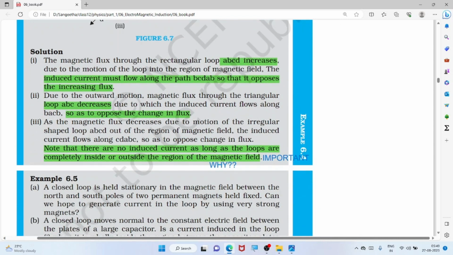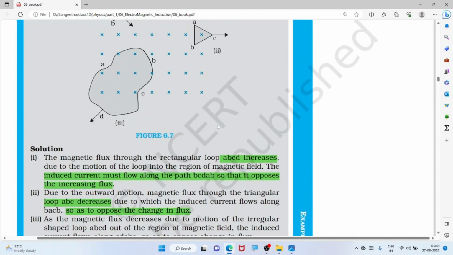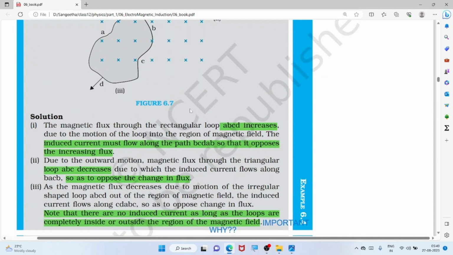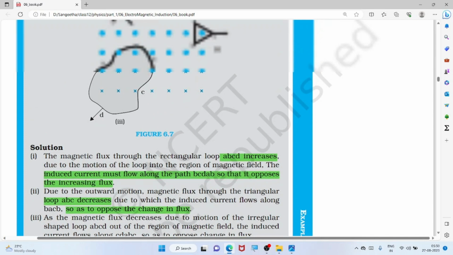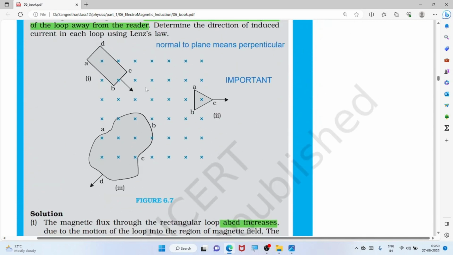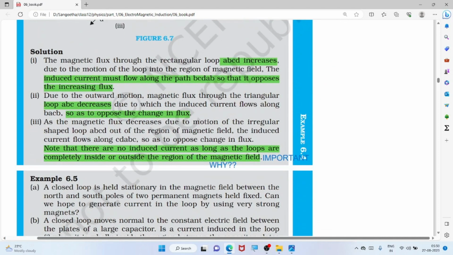When you are coming closer to the field, the flux through loop ABCD increases. The induced current must flow along the path that opposes the increasing flux. But here this is going away, so the flux will decrease, and the induced current will oppose this change.